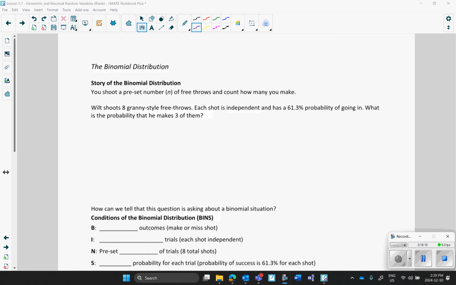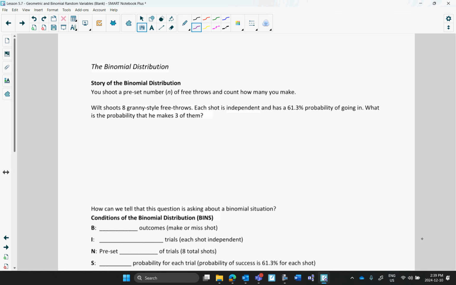A random variable distribution we're going to look at is something called the binomial. And here's the difference. Going back to the free throw shooting example, this would be a binomial question. You shoot a set number and count how many you make.